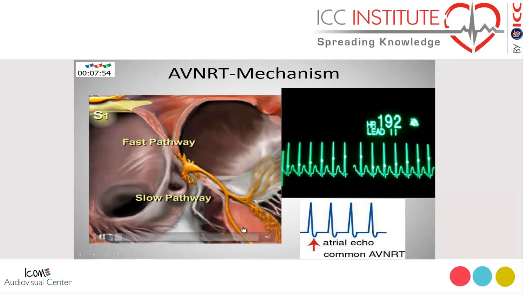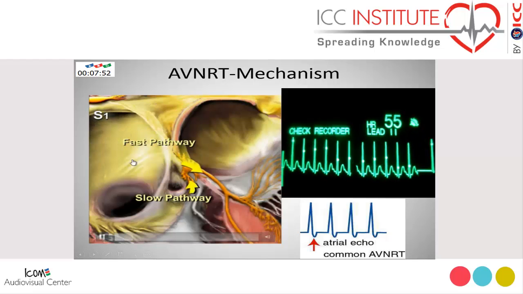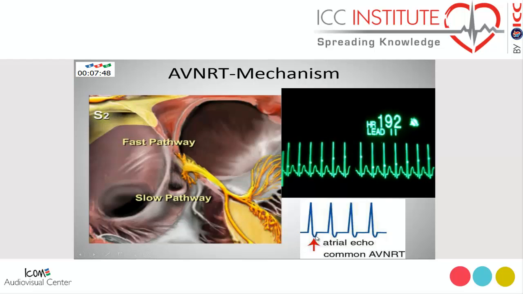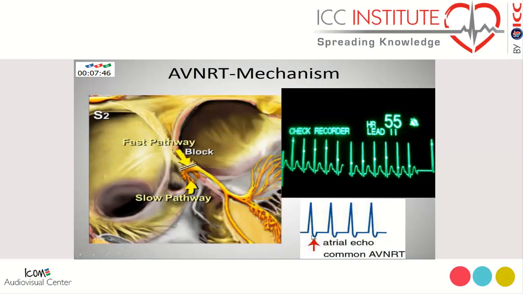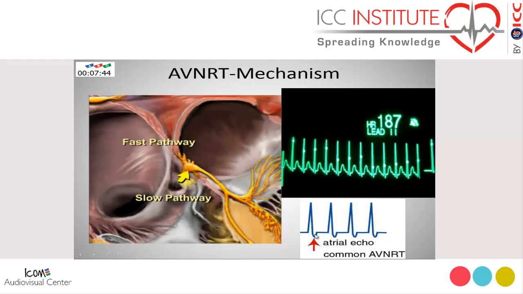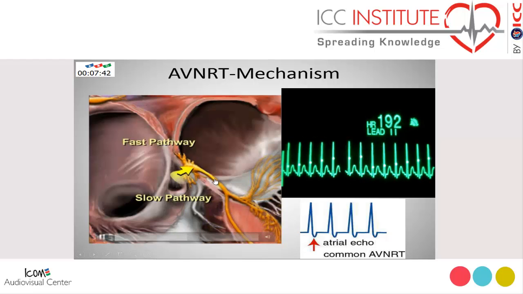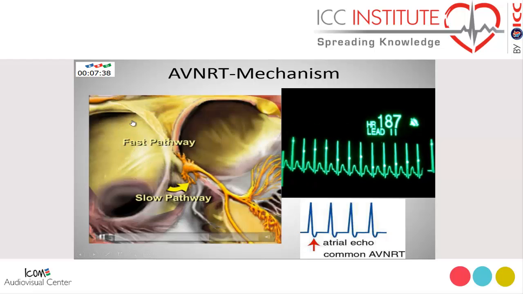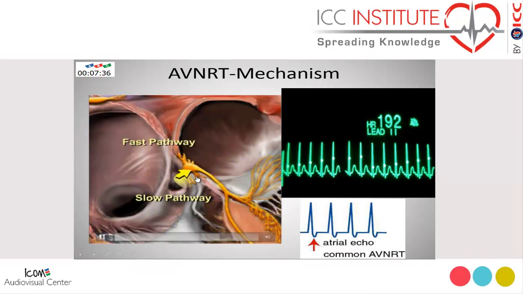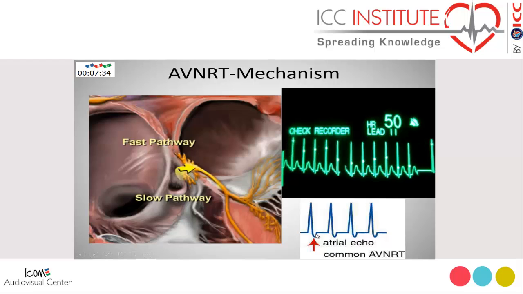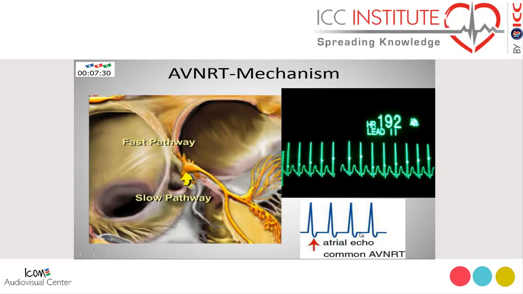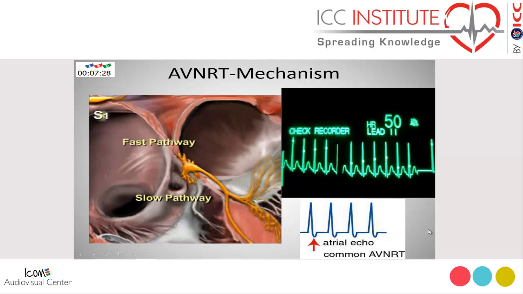We can notice that both the ventricle and the atria are activated simultaneously, and therefore you can only see a small retrograde A wave here. It's retrograde, by the way, because the atrial activation proceeds from below upwards, as we can see. So it is retrograde, it's not upright, as opposed to normal sinus rhythm. This is called AV nodal reentrant tachycardia.